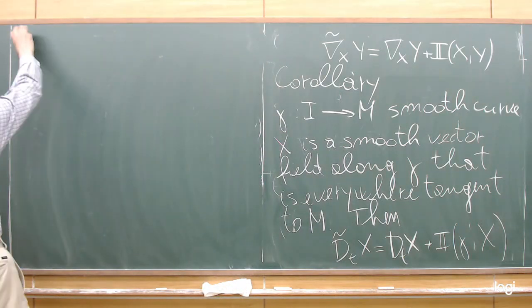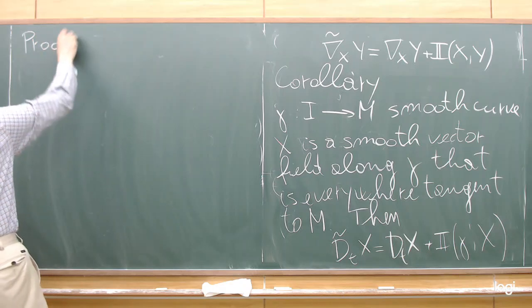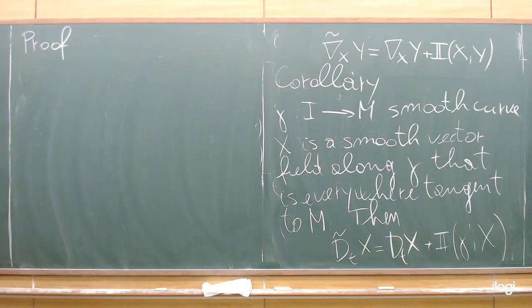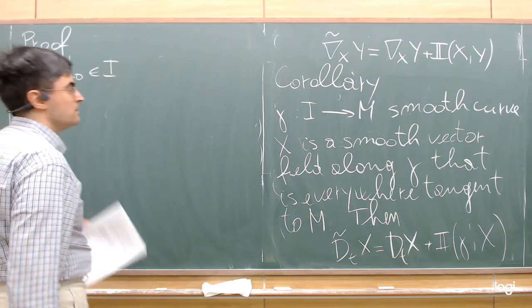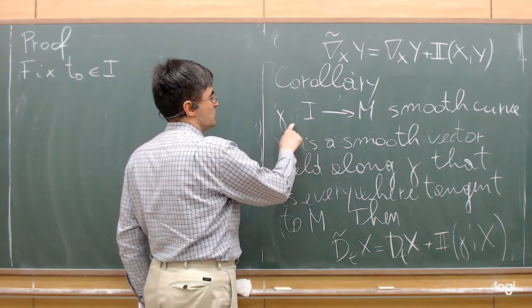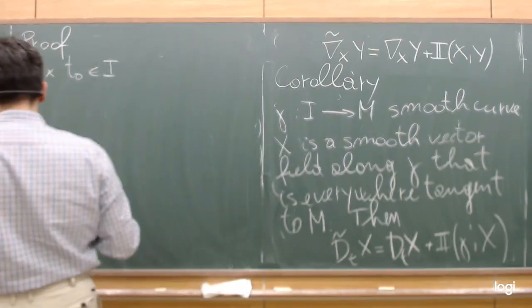Okay, let's see the proof. So we fix t0 in I, the interval on which gamma is defined.